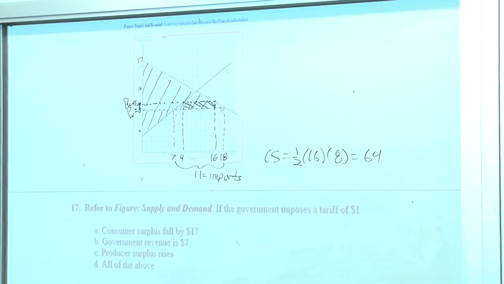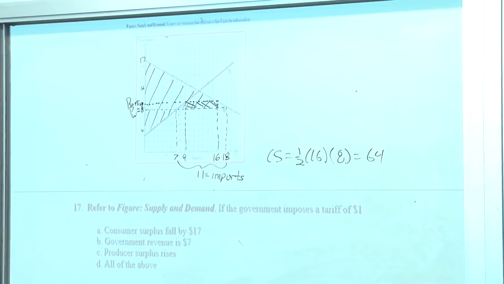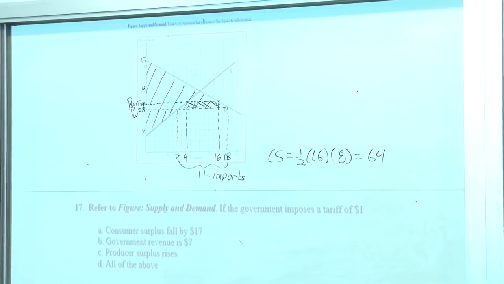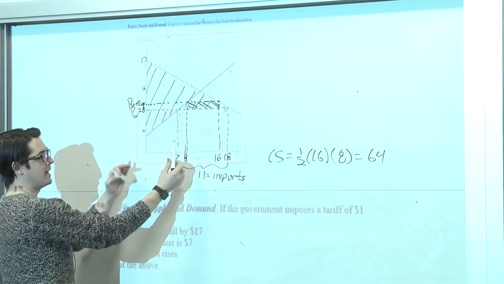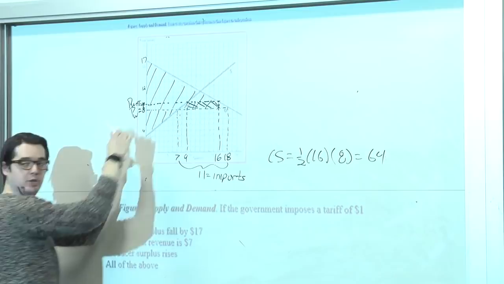Is it because it's a tax on the world price that the tariff is only that section from 9 to 16? Like, how about the section from 9 to 0? Isn't that normally tax revenue too? This is producer surplus, right?